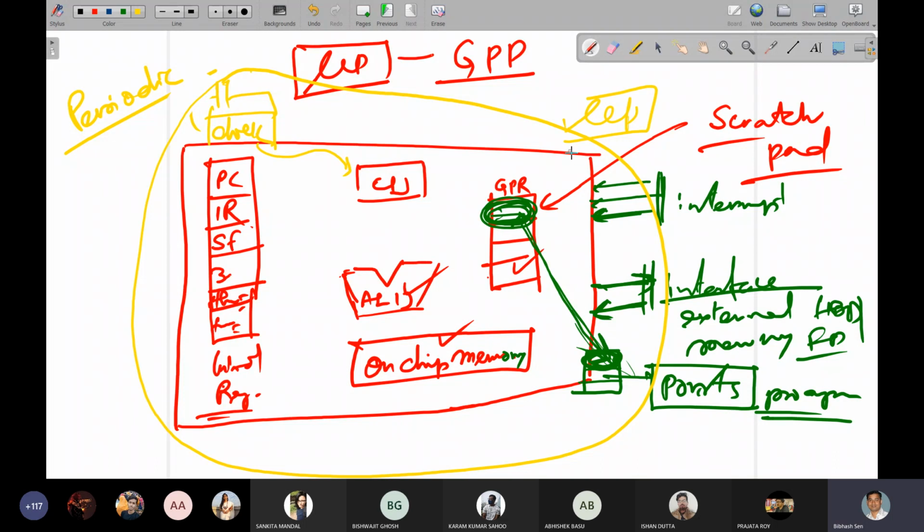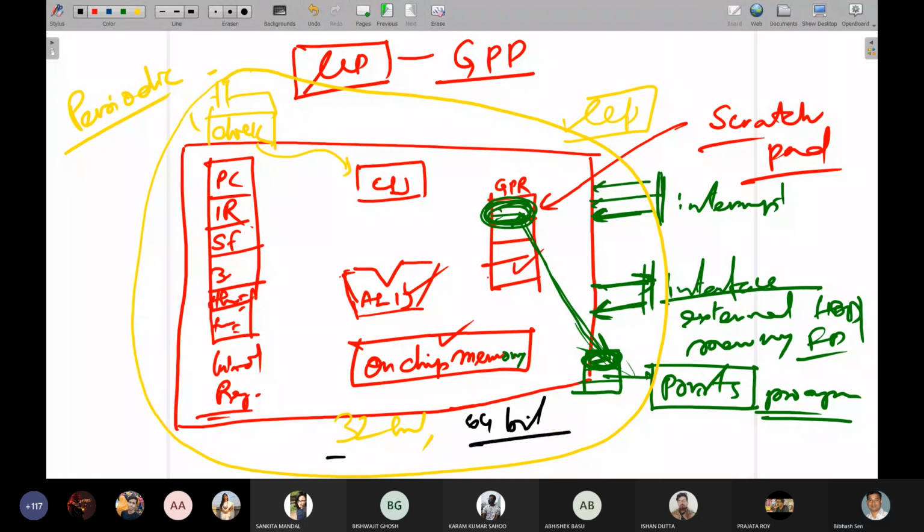Is it clear? Data bus size differs according to the addressing capability. You may get 32-bit, up to 64-bit, and so on.